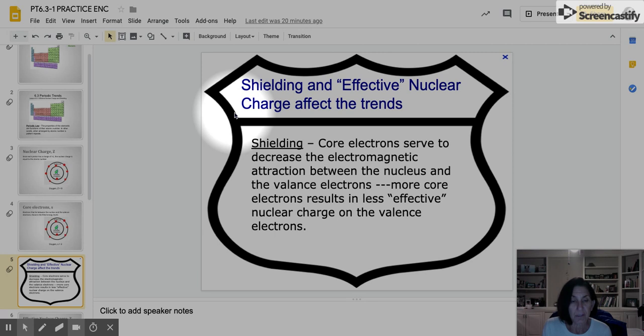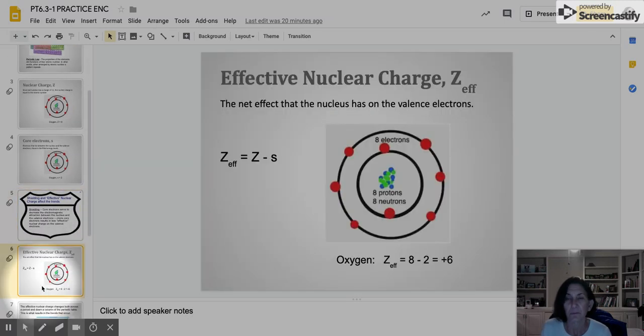For each core electron, which has a negative charge, of course, it cancels out 1 positive charge from the nucleus. So the net effect is what's left over. And we call that the effective nuclear charge. Again, it has the letter Z for nuclear charge, but you can see here we have a subscript of EFF for effective.